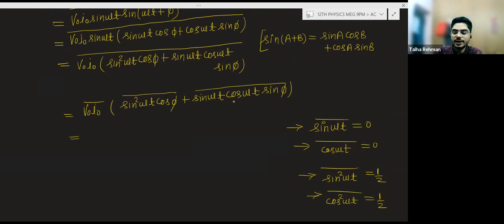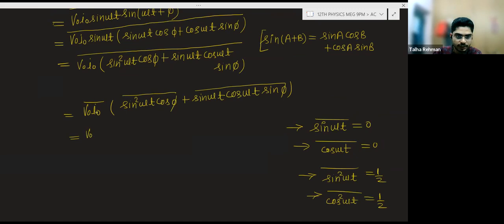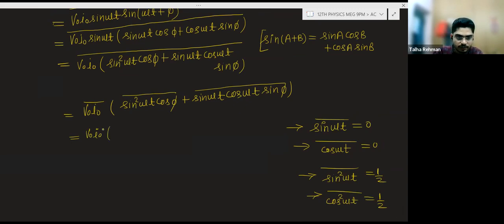V naught and I naught both are constant. So the average of V naught and I naught will be V naught and I naught, because these terms are constant. Now this bracket can be written like this: bar of sin square omega t and bar of cos phi, plus sin omega t cos omega t and sin phi.